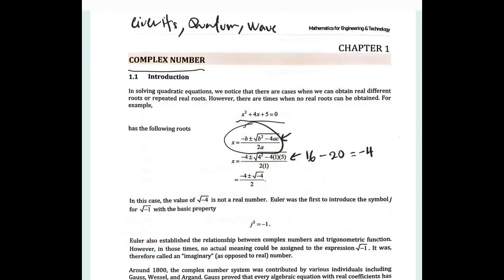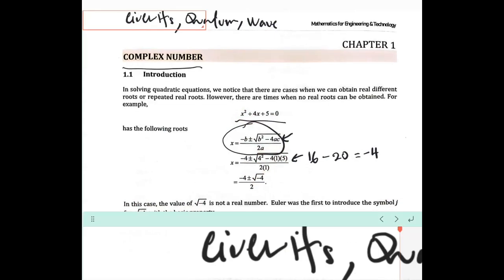So j equals the square root of negative 1, which will give you j squared equal to negative 1. Again, this was obtained from j equal to the square root of negative 1.